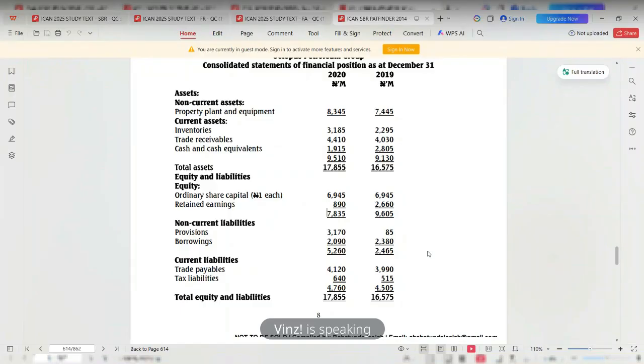In the question, they said our capital employed is equity plus borrowings.